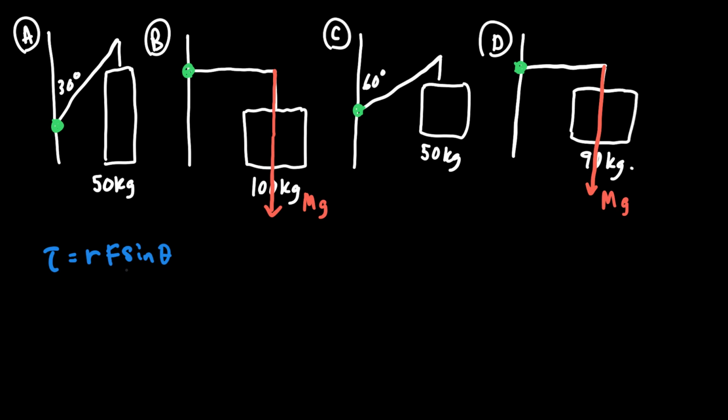The rods have the same length in each case, and so I've drawn in the forces, but now I want to draw in R. R is the distance from the axis of rotation to the location of the force.